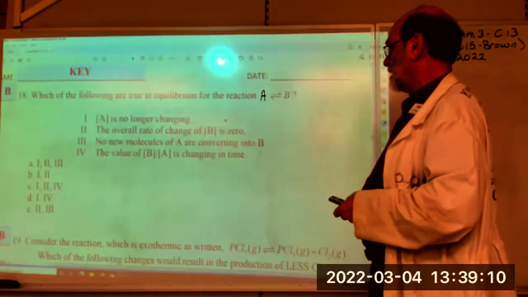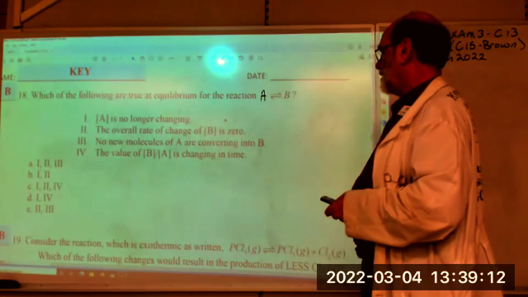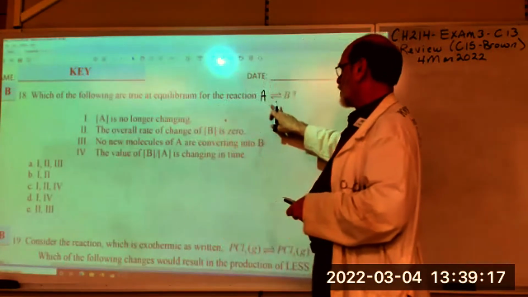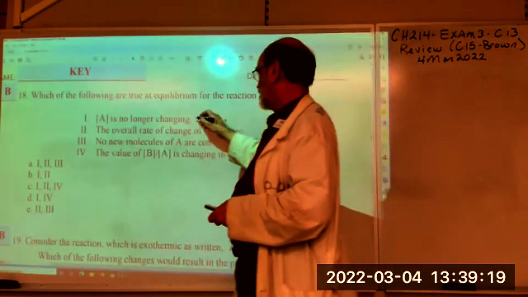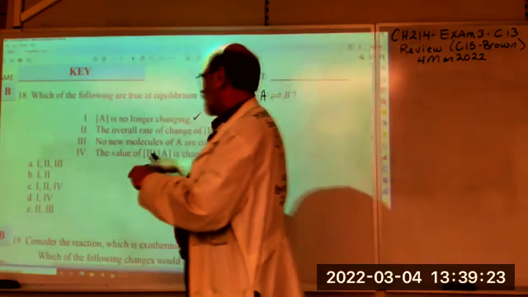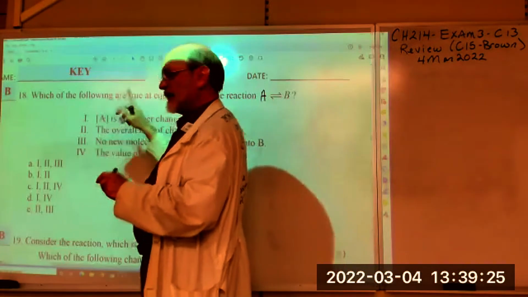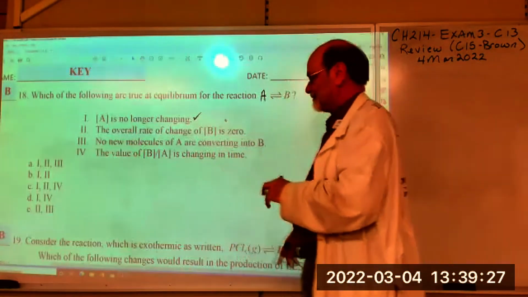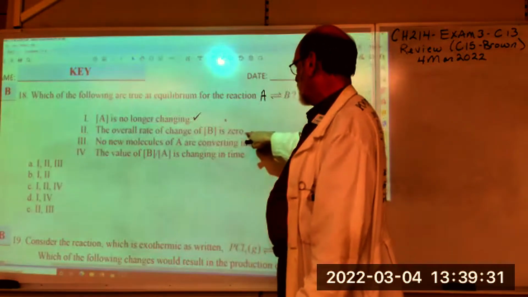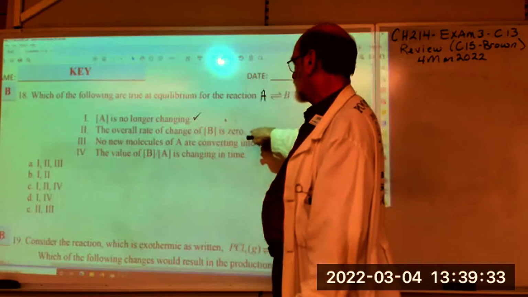Okay, at equilibrium, A is no longer changing. Yep. Wait, yeah, the overall concentration of A is no longer changing. The overall rate of change of concentration of B is 0.